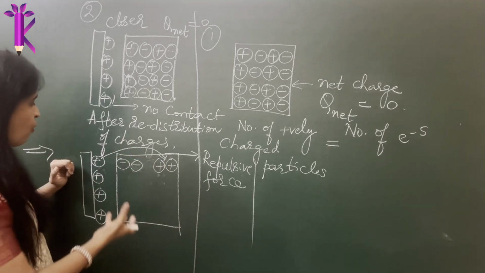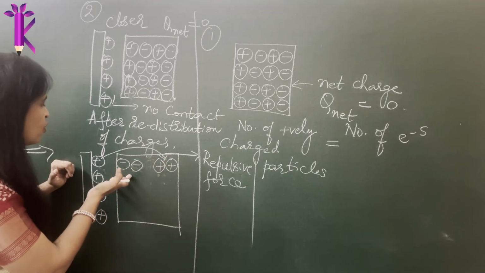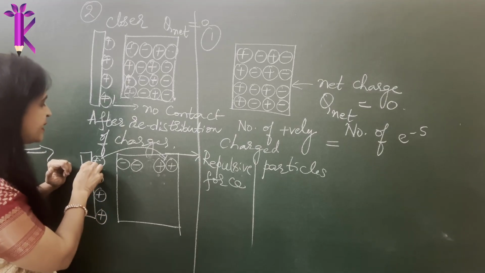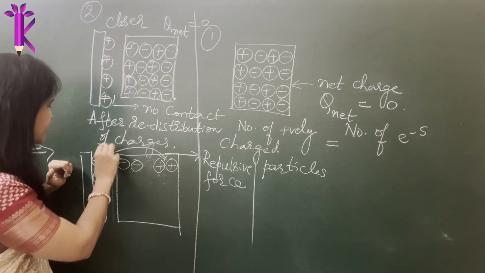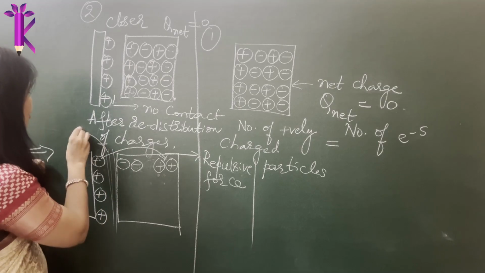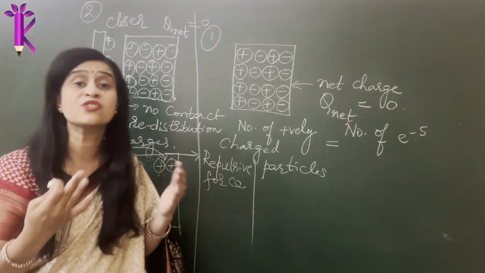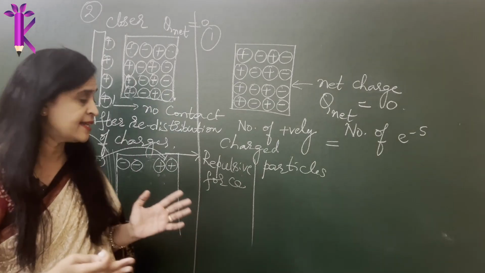So they come and align closer. They just can't jump out and get attracted here. Why? What is between these? You have something called air. So what is air? Air is an insulator.